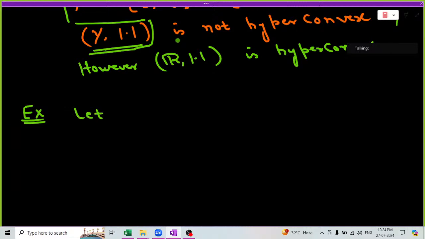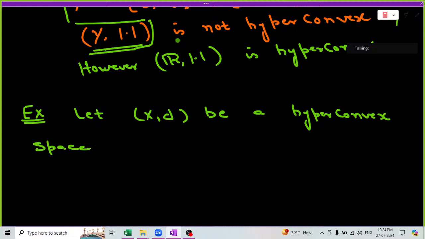Let (X, d) be a hyperconvex space and Y not equal to phi be in script A(X).